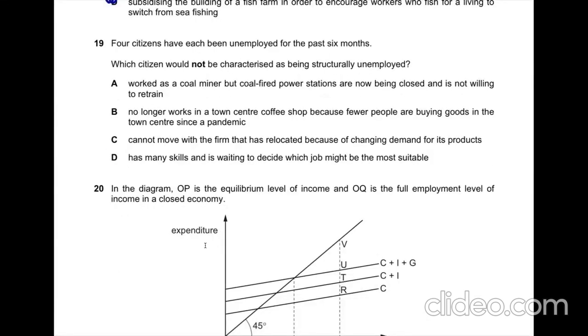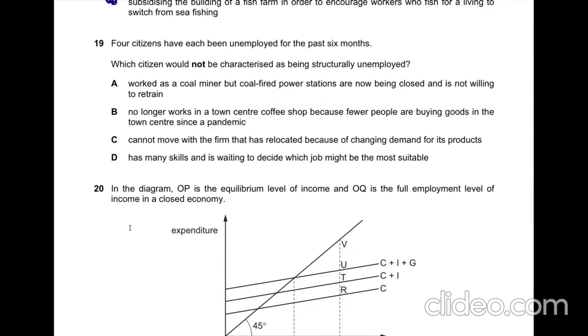Question 19. Four citizens have each been unemployed for the past 6 months. Which citizen would not be characterized as structurally unemployed? Structural unemployment occurs when labor demand disappears in a certain industry, maybe because the skill is no longer needed due to being outdated, or the job is simply relocated.